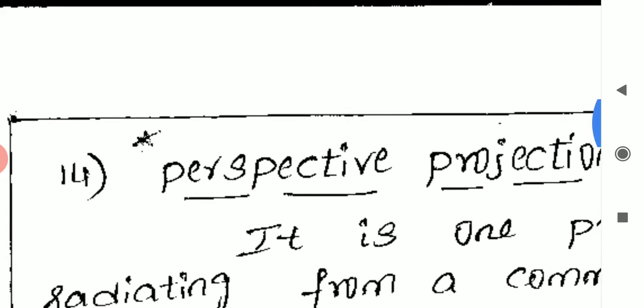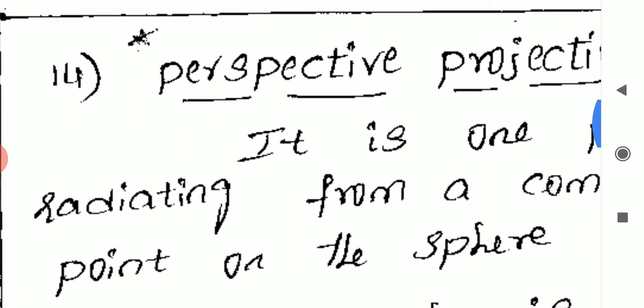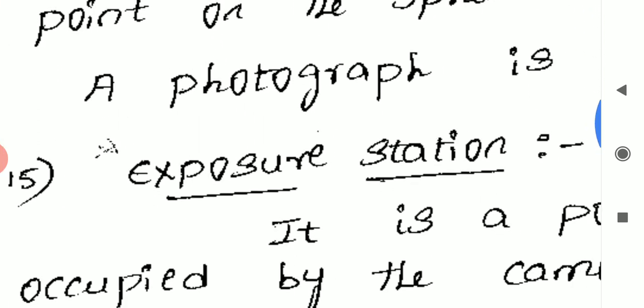And the next definition is perspective projection. It is one produced by straight lines radiating from a common point and passing through points on the sphere to the plane of projection. And the next one is exposure station. It is a point in space in the air occupied by the camera lens at the instant of exposure.